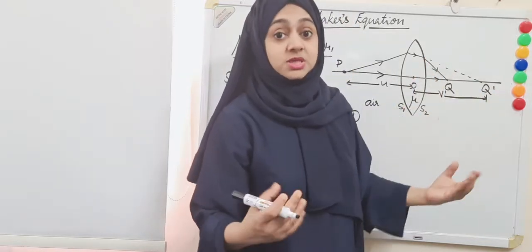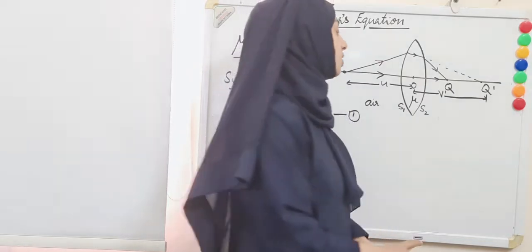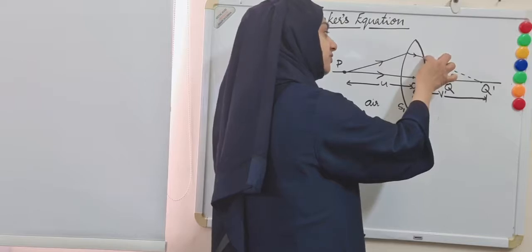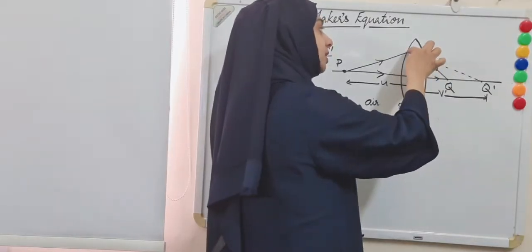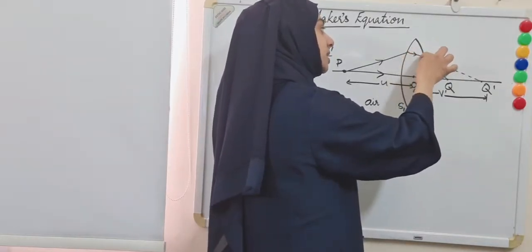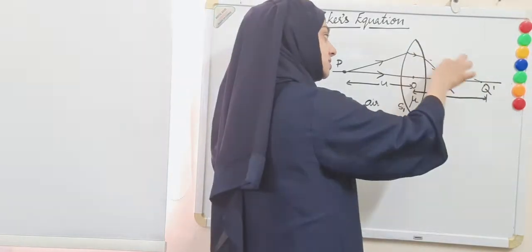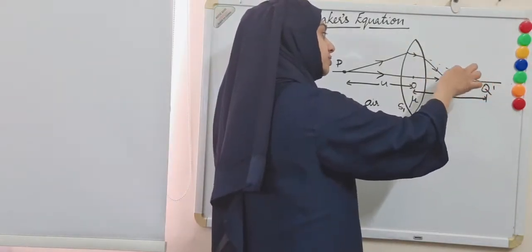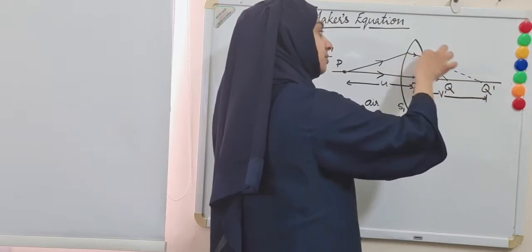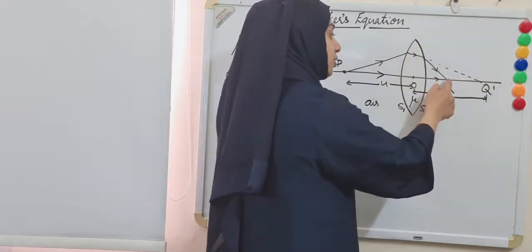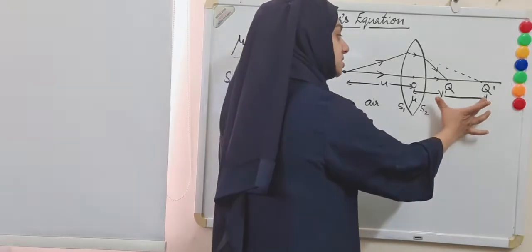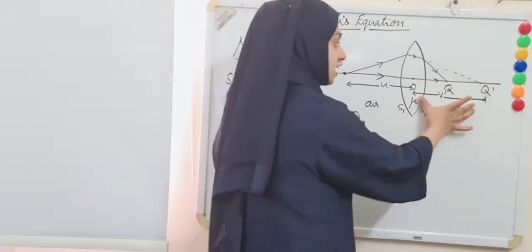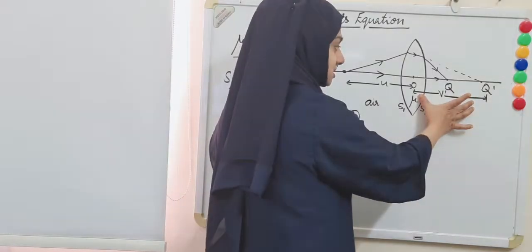So, Q prime is a virtual object because for a person looking from here, or at the refraction from here, the incident light ray is coming in this direction. So, it appears that Q prime is the object. It is as if light is coming from here. So, here we have to consider the distance of Q prime from the optical center as the object distance.